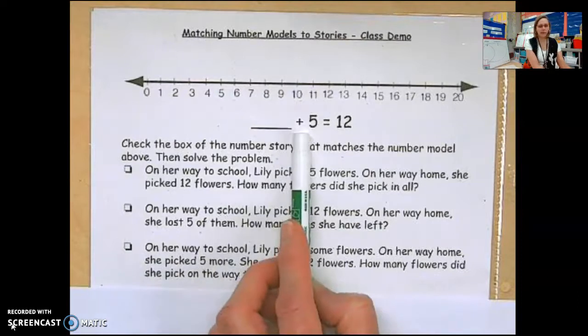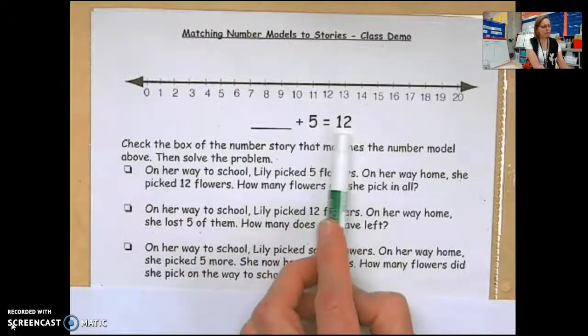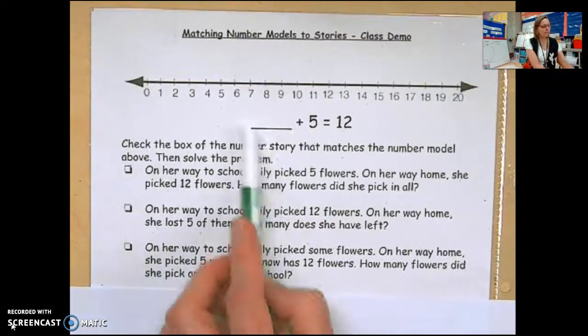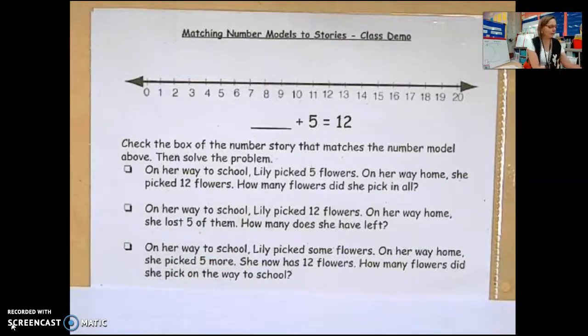That means adding, right? She now has 12 flowers. Ooh, now at the end, she has 12 flowers. How many flowers did she pick on the way to school? So that was on the way to school at the beginning. So that one definitely was asking us about this. So I am very confident that it should be that one.